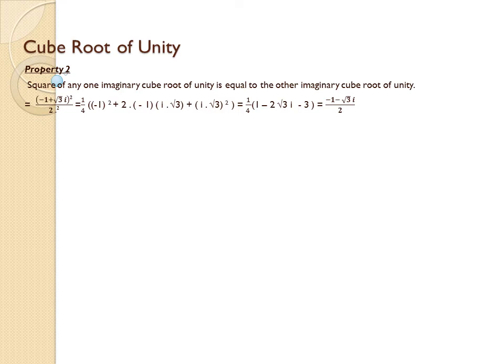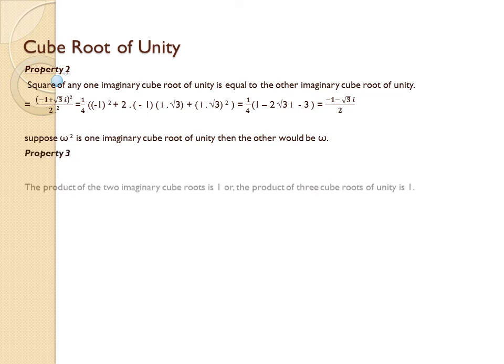So it is proof that the square of one imaginary cube root of unity is another imaginary cube root of unity. We generally denote the imaginary cube root of unity as omega. So if omega squared is one imaginary cube root of unity, then the other would be omega. That is a convention we follow everywhere. In every book, every joint entrance exam and every textbook, we will find that omega is denoted as the imaginary cube root of unity.